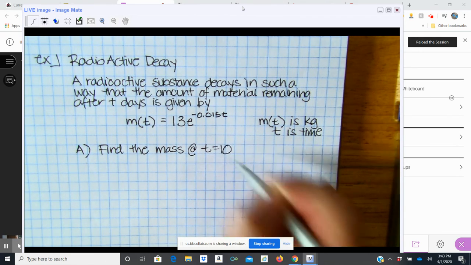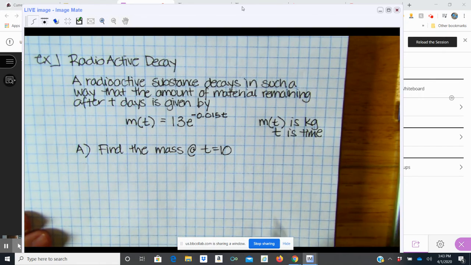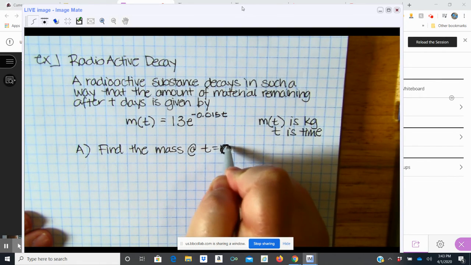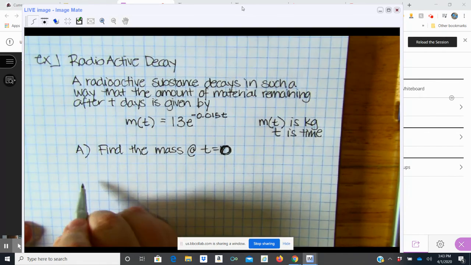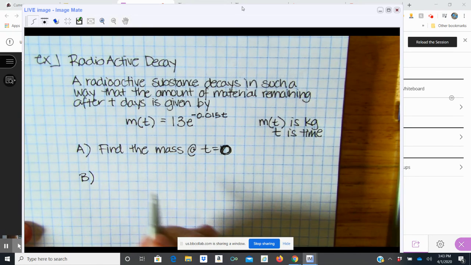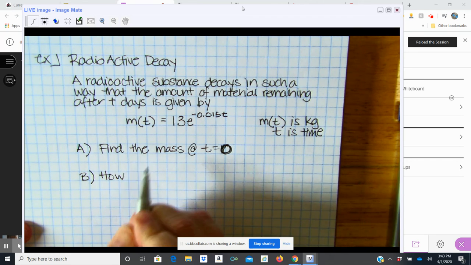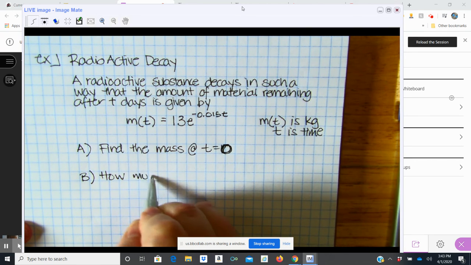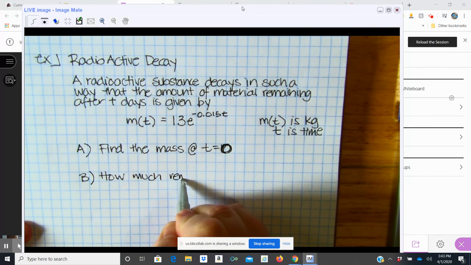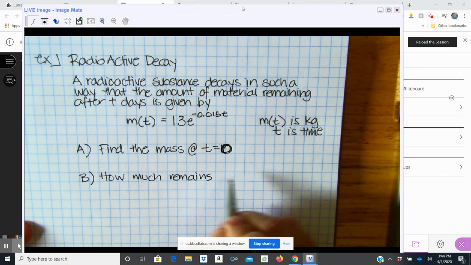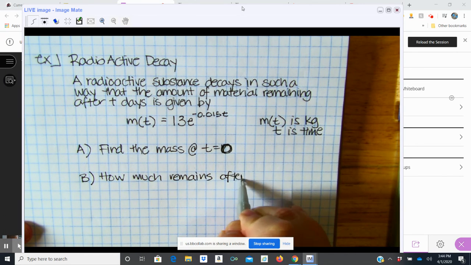Find the mass of this material at T equals 0. And then how much remains after 45 days?